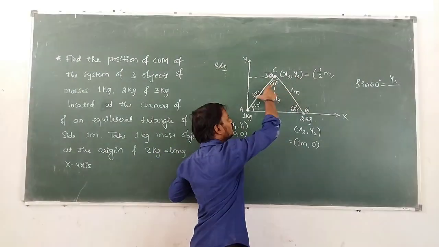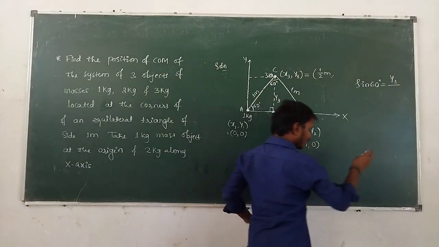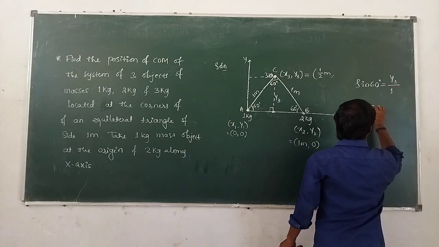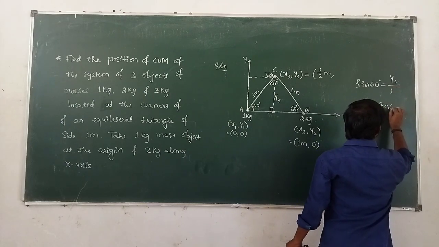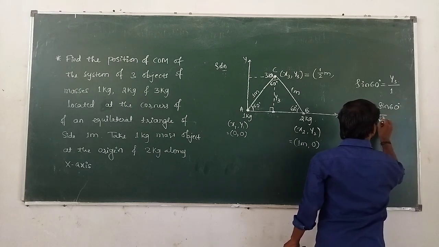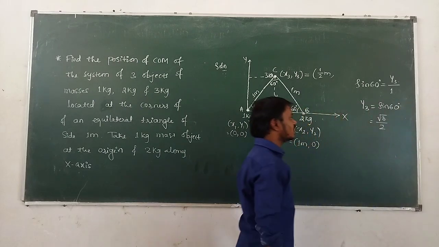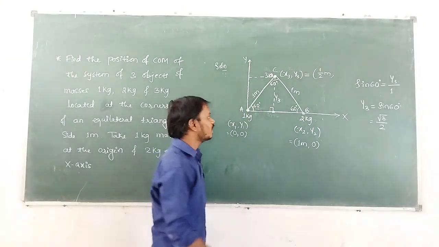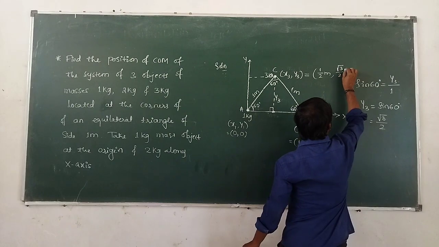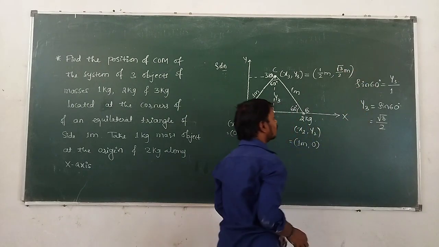Opposite is y3, hypotenuse is 1, so y3 by 1. Then y3 is equal to sin 60 degree. Then what about sin 60? That is root 3 by 2. Sin 60 value how much? That is root 3 by 2. Root 3 by 2 meter.